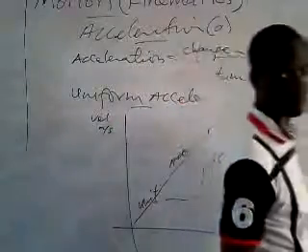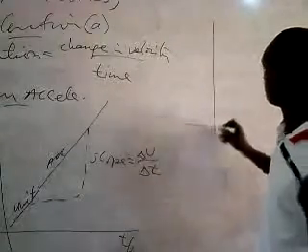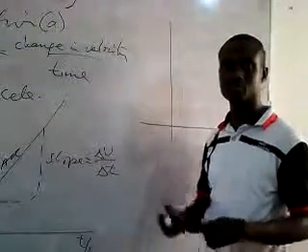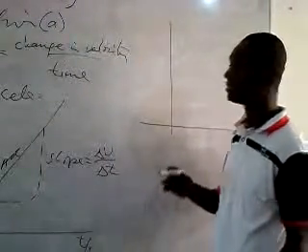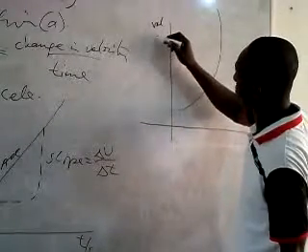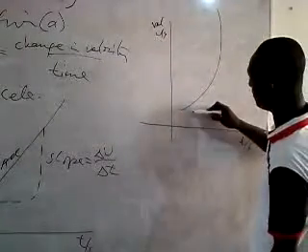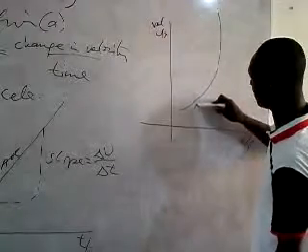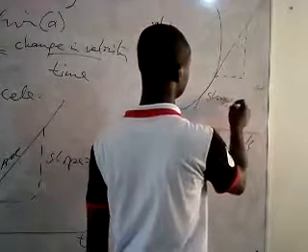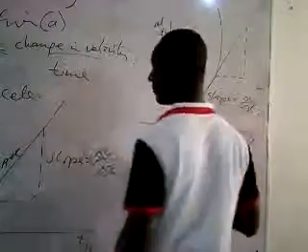And you also have non-uniform acceleration. That is when the acceleration keeps on changing, when the rate of change of velocity with time is not constant. Then we are going to have a curve. If you plot velocity in meters per second against time in seconds, we have a curve. And if you want to find the gradient of this curve, you have to draw a tangent. The slope of this tangent will be equal to change in velocity over change in time.